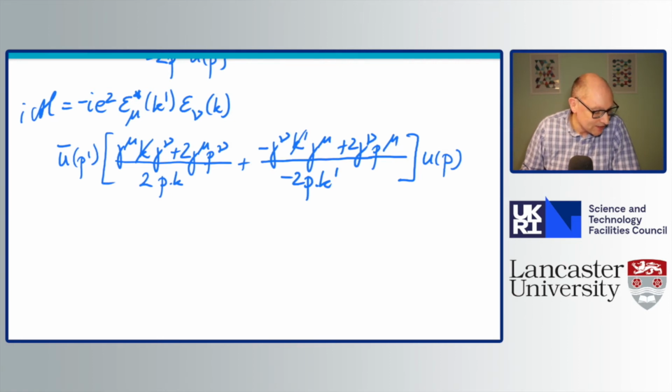Now instead, I will calculate here explicitly the square of this amplitude. In order to do so, we'll make use of some of the trace technology of spinors that we have developed. The most important thing to remember here is that when we have to form M, we have to form M star, but since M is a number, this complex conjugation and the Hermitian conjugation is the same thing.